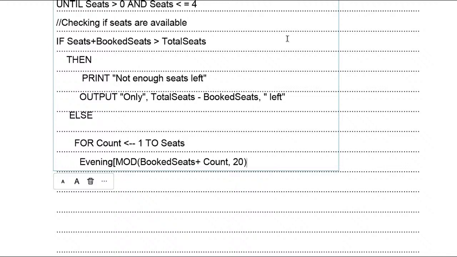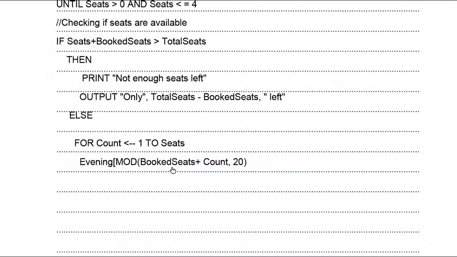When this line runs, let's suppose 160 seats are already booked in the theater. 160 plus 1, 161, divided by 20, what are you left with? Or let's make it easy, say 159 seats are already booked, plus 1 makes 160, divided by 20, what would be the remainder?